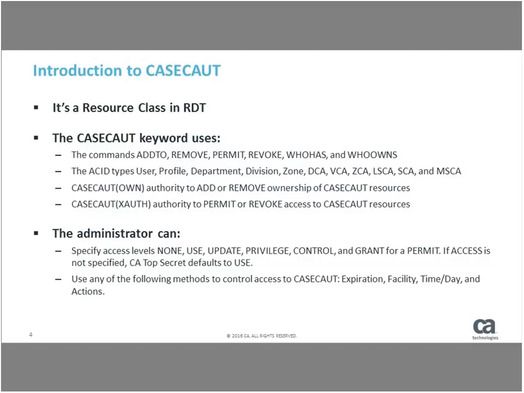Now, the administrator can also specify on a permit or revoke command the access levels: none, use, update, privilege, and all. These are all valid access levels for CA CASECAUT. Also time, expiration, facility, date and time, and actions are all supported, just like any other resource.